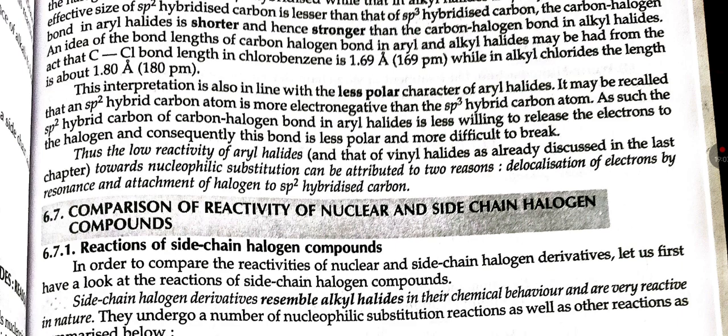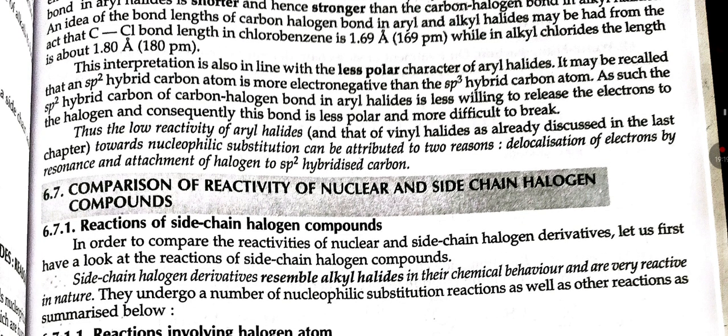An idea of the bond length of the carbon halogen bond in aryl and alkyl halides may be had from the fact that the carbon-chlorine bond length in chlorobenzene is 1.69 angstrom, while in alkyl chloride the length is 1.80 angstrom. This interpretation is also in line with the less polar character of aryl halides.